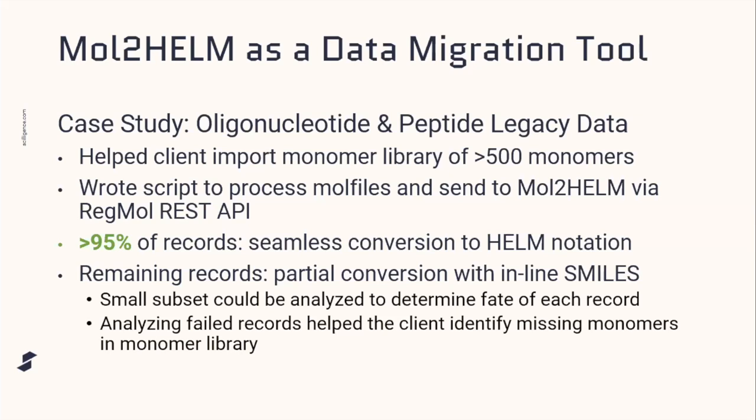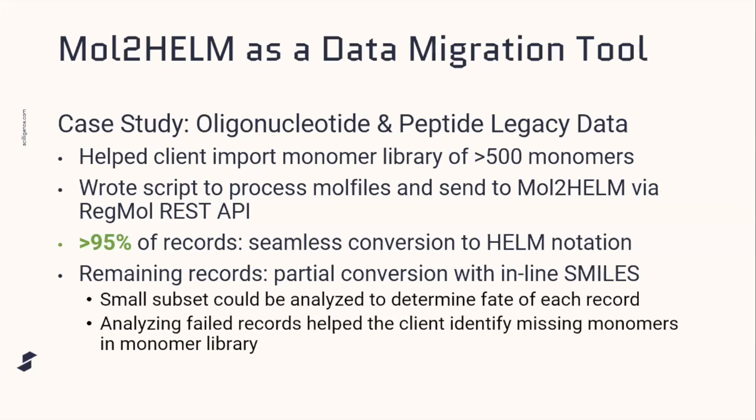Because we were able to get that conversion from Mol2HELM with the inline SMILES, we were able to analyze this small subset of less than 5% of the records to determine for each record which cases were meant to have inline SMILES, meant to have free-drawn portions of the structure, as well as, even more importantly, which cases were structures that we saw repeatedly used across several of these records that were missing from the monomer library.